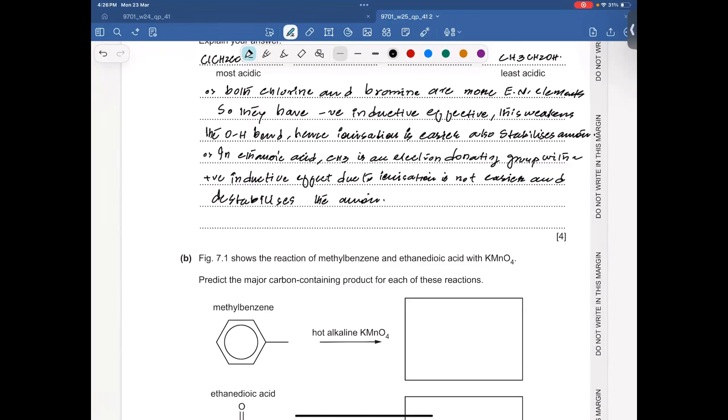Okay. Last, in ethanol, alkyl group has positive inductive effect.